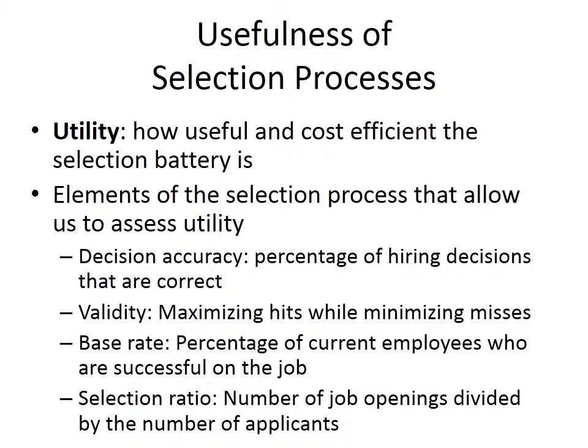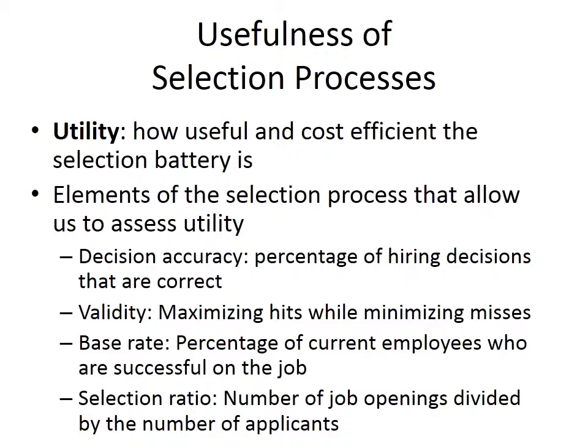Elements of the selection process that allow us to assess utility are the accuracy, the percentage of hiring decisions that are correct, the validity, maximizing hits while minimizing misses, the base rate, the percentage of current employees who are successful on the job, and the selection ratio, the number of job openings divided by the number of applicants. So this is bringing judgment and decision-making research from another field of psychology into helping us as IO professionals try to sell the usefulness of the decisions that we're bringing to organizations.